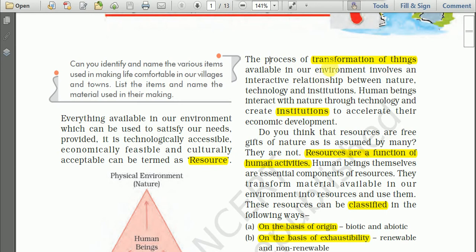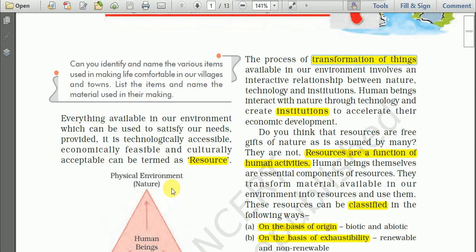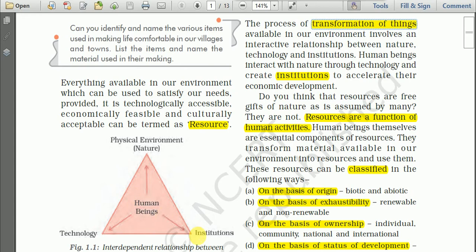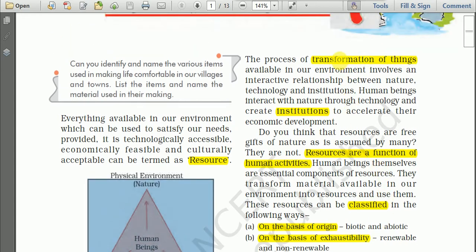The process of transformation of things available in our environment involves an interactive relationship between nature, technology, and institutions, as described in the diagram. The process of transformation of things means manufacturing process. Transformation of things here refers to manufacturing.